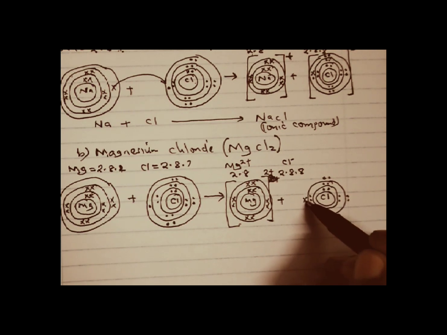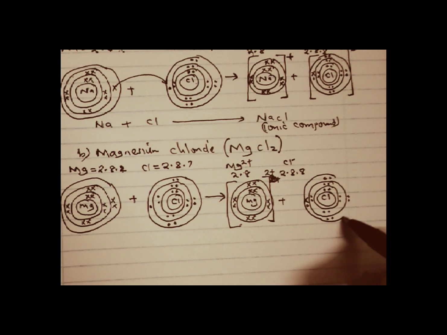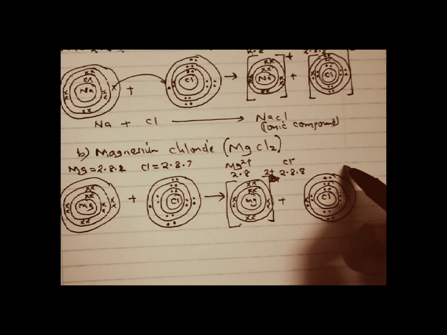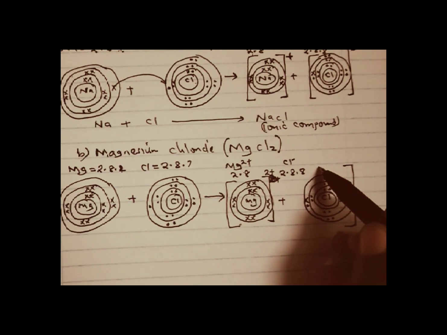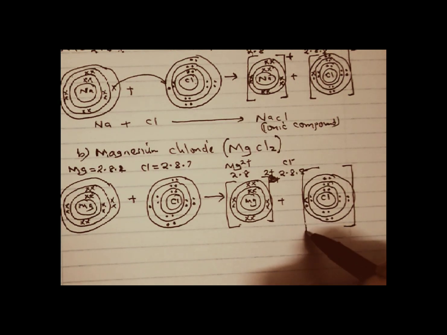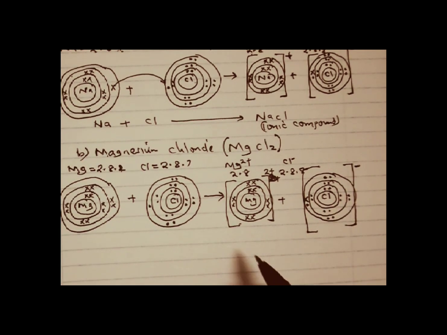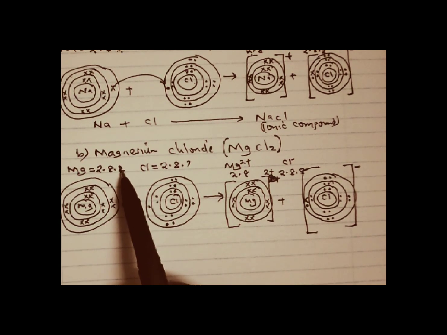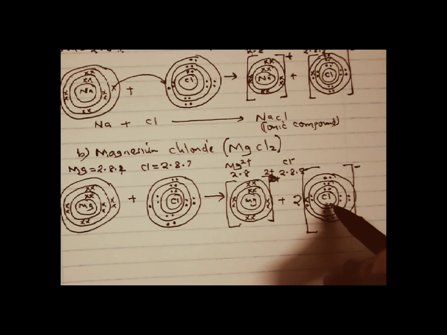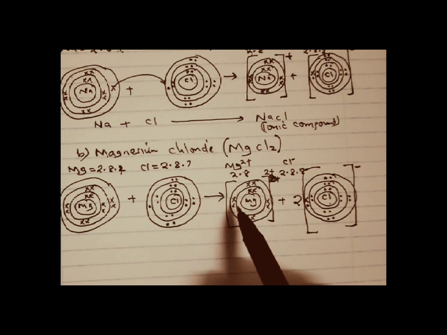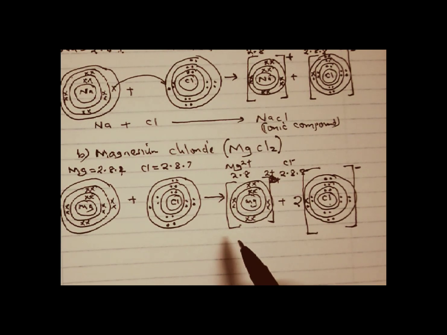It had to gain 1 electron from magnesium in order to be stable. But remember, this is an ion, and therefore we put it under square brackets. Then we indicate the number of electrons it has gained. But remember, magnesium is losing a maximum of 2 electrons, and therefore we need 2 chlorines to completely absorb the 2 electrons that are coming from magnesium.